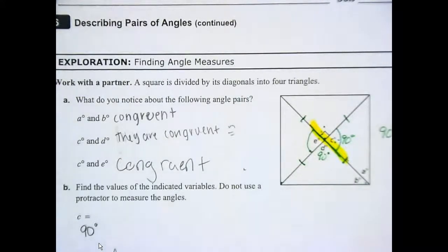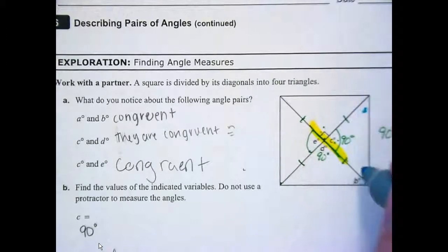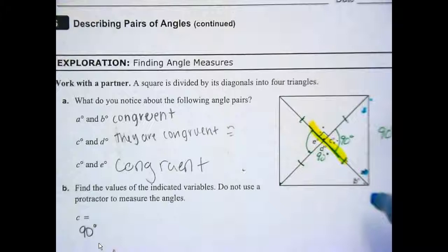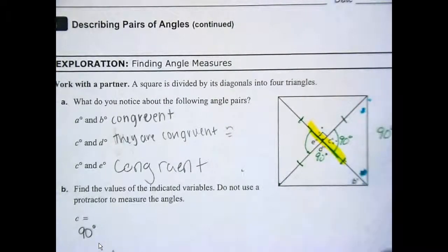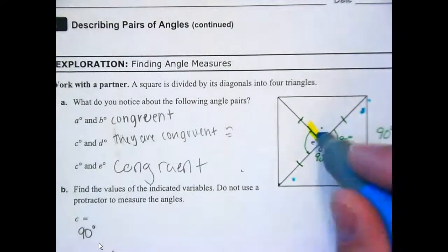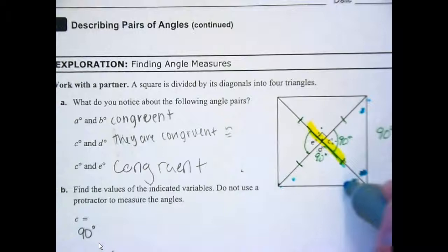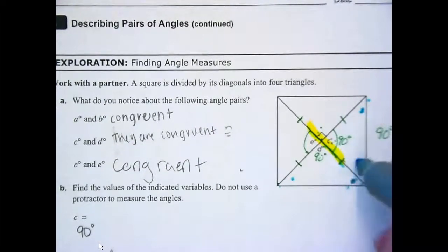Those are called, starts with an I. Yes, those are isosceles triangles, and isosceles triangles have base angles that are congruent. Therefore, if this angle is congruent to that one, and this one's congruent to that one, and this triangle is congruent to that one, these two angles are equal. Okay? So yes, these two angles are equal.